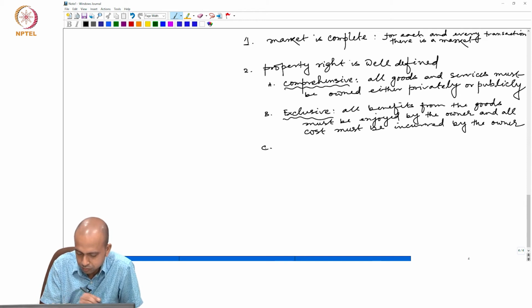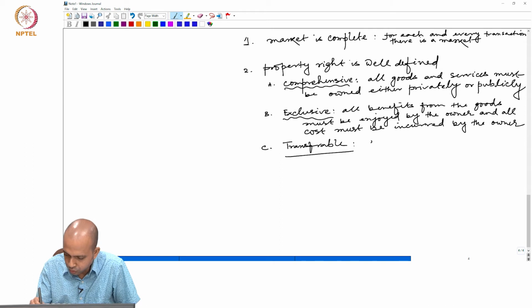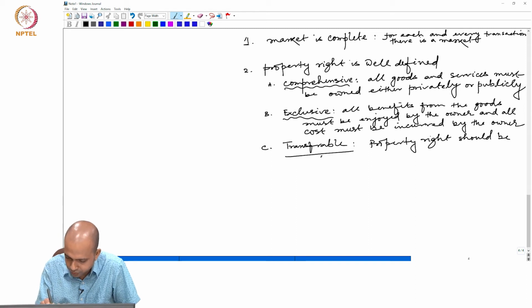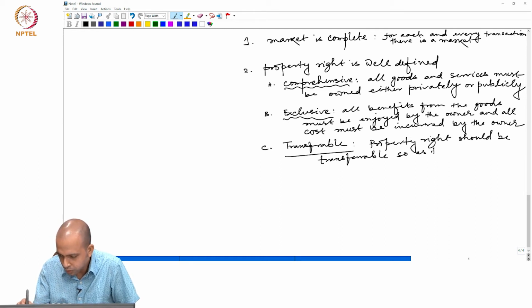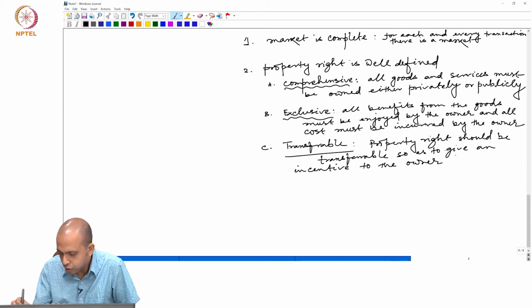Then the third, transferable. Okay? Goods and services, or I will say that property right should be transferable so as to give an incentive to the owner to maintain its quality.